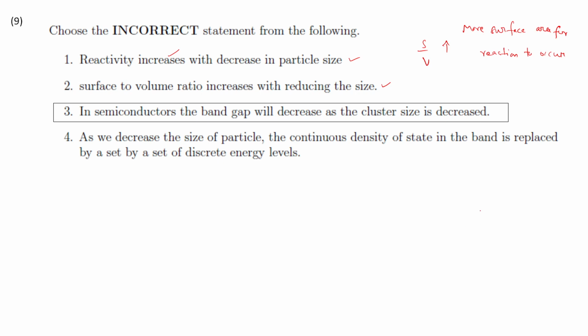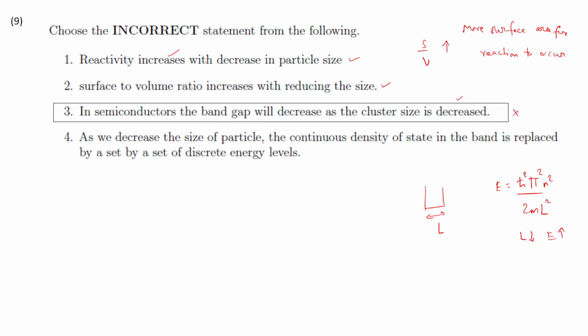Just like we saw in the case of the particle in a box problem, as you reduce the dimension, energy will start increasing. Similarly will be the case of this band gap. So band gap will start increasing as the cluster size is decreased, so this is a wrong statement.